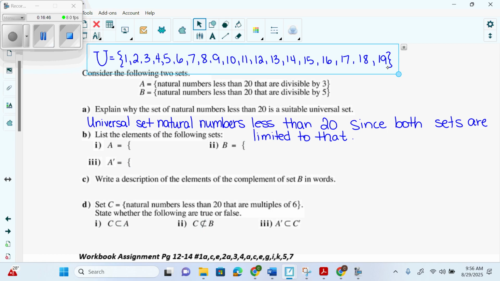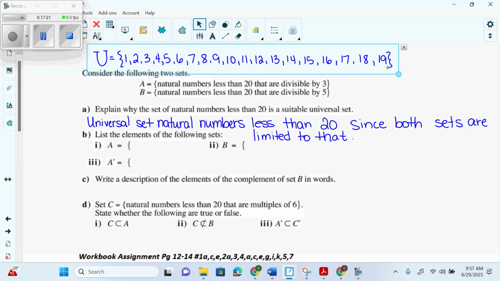Okay? So, A is the natural numbers less than 20 that are divisible by 3. We talked about divisible yesterday. When we divide by that number, we don't end up with decimals, right? That's what divisible by 3 means. So of the numbers 1 to 19, because that's my universal set, that's all I'm allowed to choose from, which of those are divisible by 3?